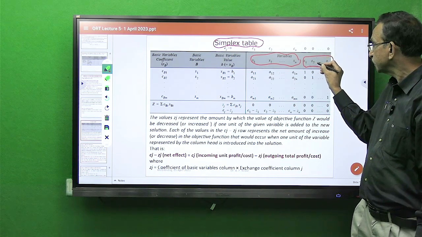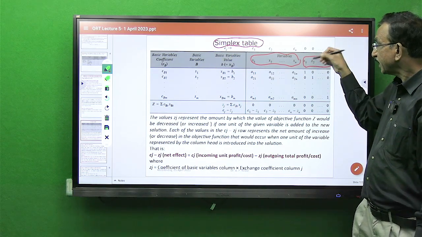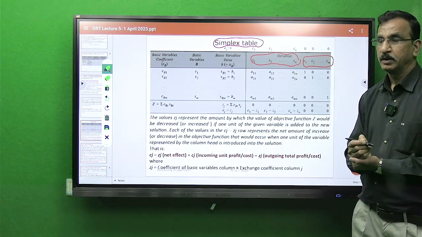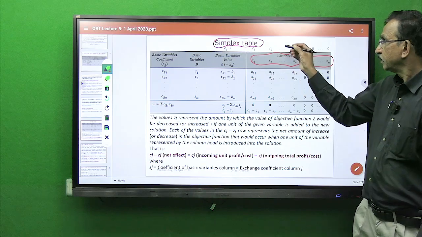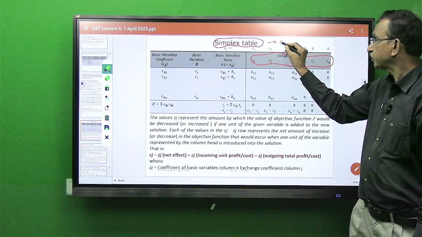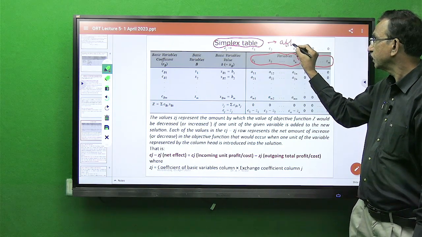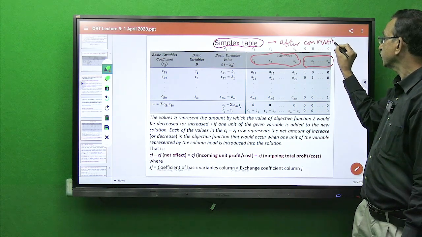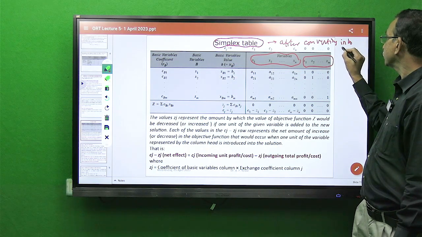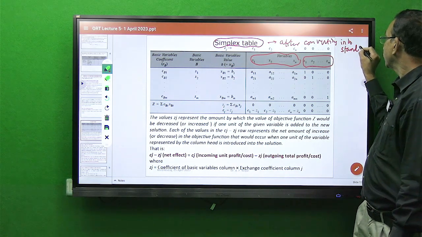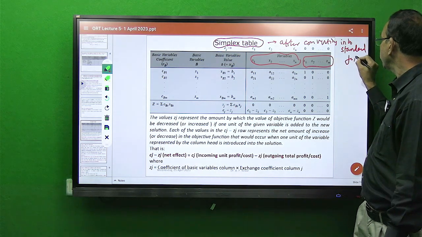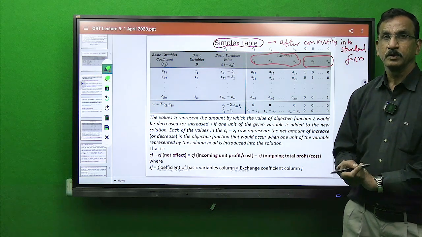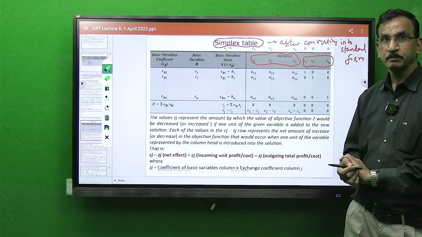And these S1, S2 or A1 are added when we have converted this form into standard form. This simplex table we are writing after converting into standard form. Once we have converted the given canonical form into standard form, only then are we writing this particular table.